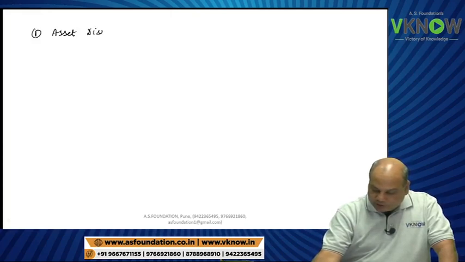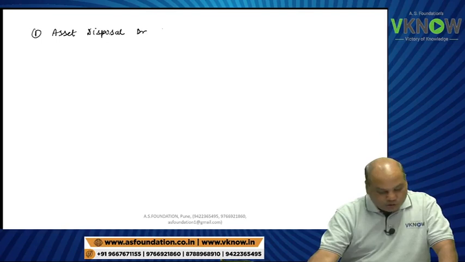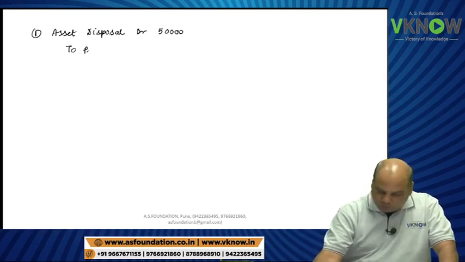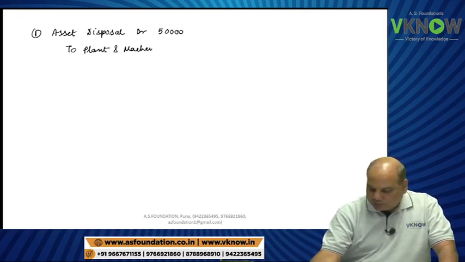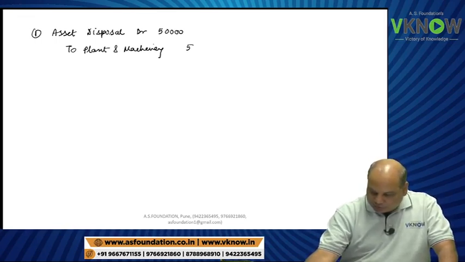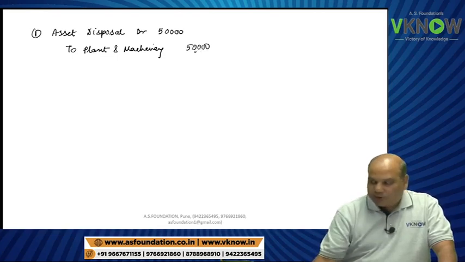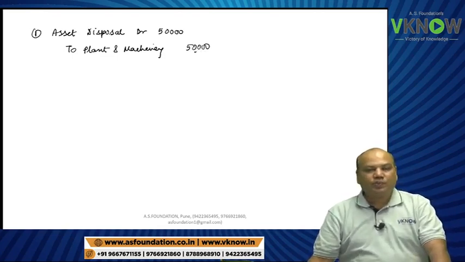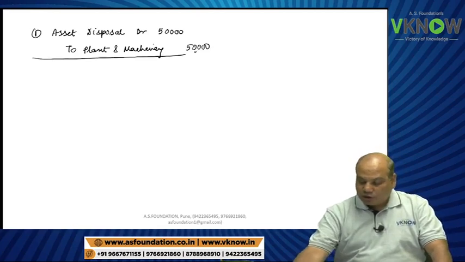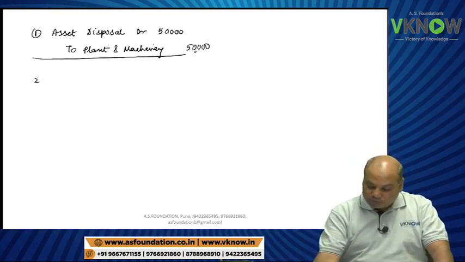Please write down the entry at the end. Asset disposal account debit 50,000 to plant and machinery account 50,000. We have transferred the asset sold to a separate account called asset disposal account.